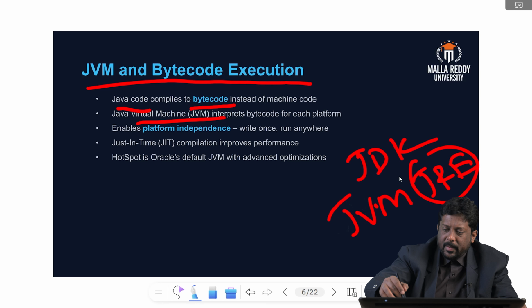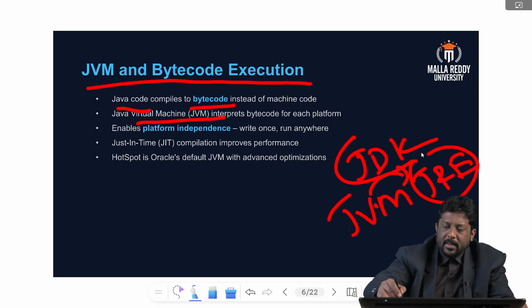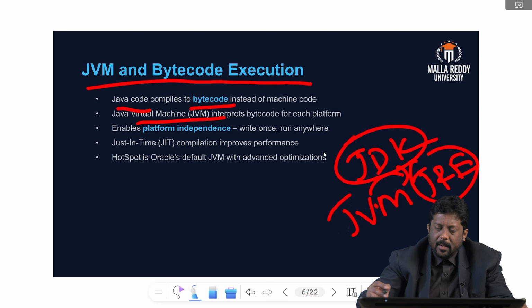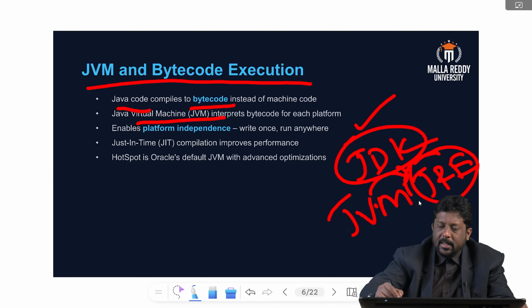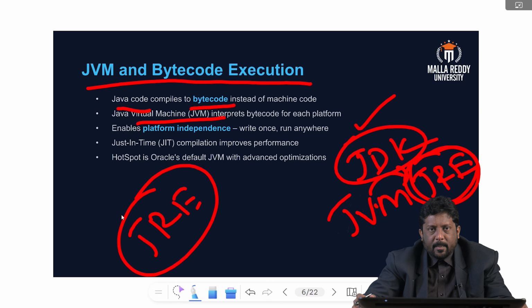The JVM is a component of the runtime environment. As a developer, we need to have the JDK installed. But whoever the user or client you give the application to, they need not have the JDK. If they have the Java Runtime Environment, it is enough for them to run Java applications.